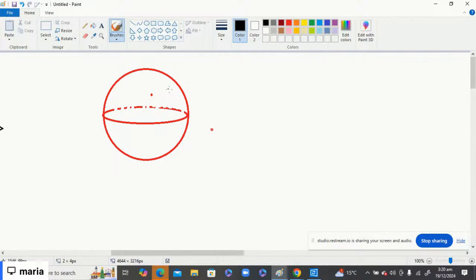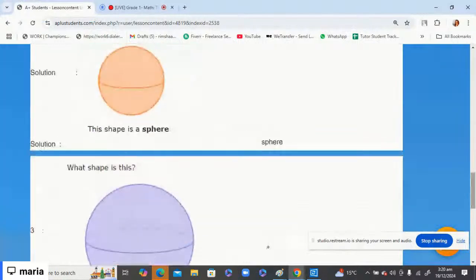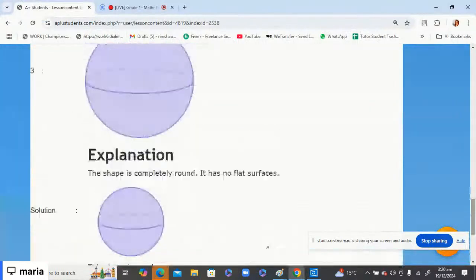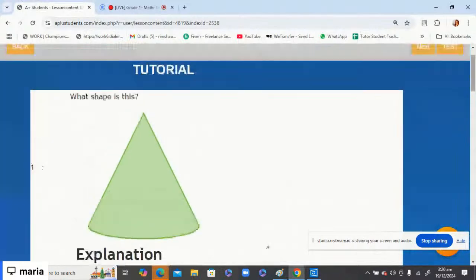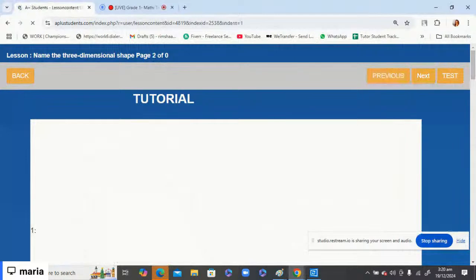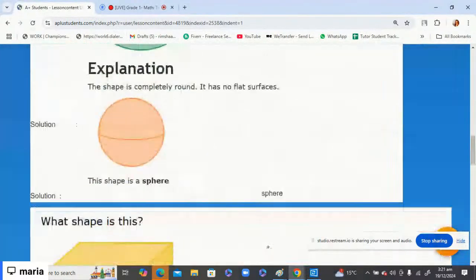This is not called the circle. If these two shapes are available, then this is not a circle only, this is called the sphere. So this is sphere. Now this is again the sphere.